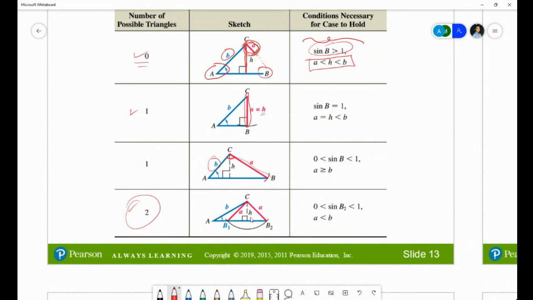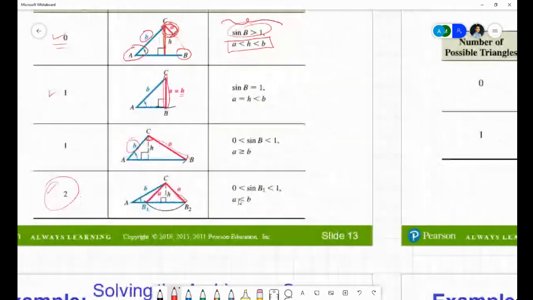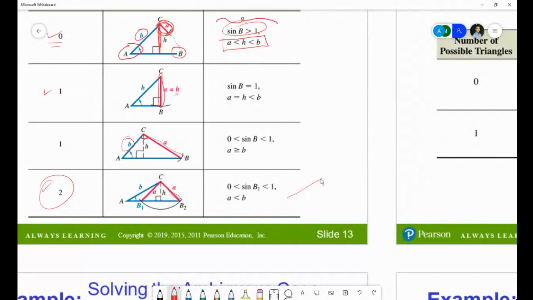Now this is the most fun case here. If my side A is greater than H but less than B, the side can swing either outward or inward to create two possible triangles. So one triangle is like this when it swings outward from the height, and the other triangle swings inward from the height.